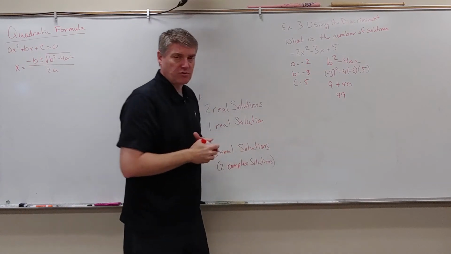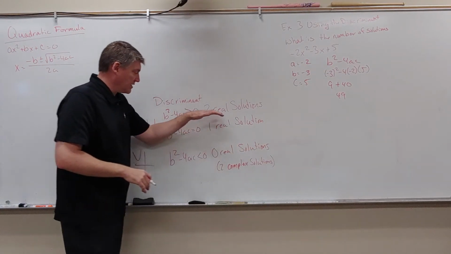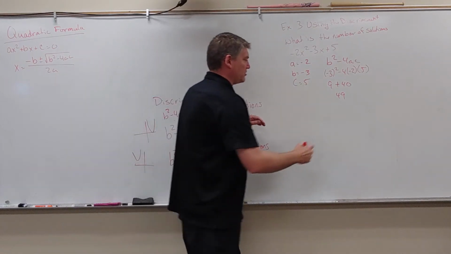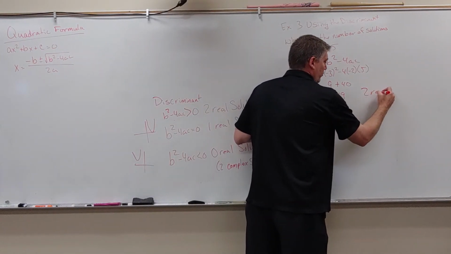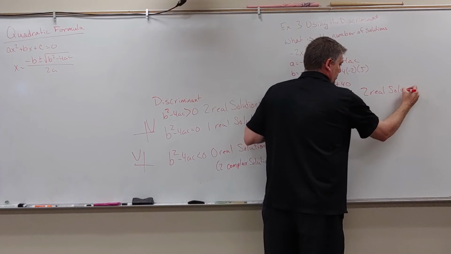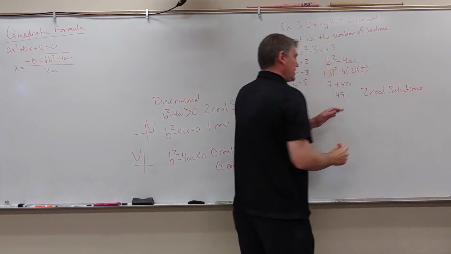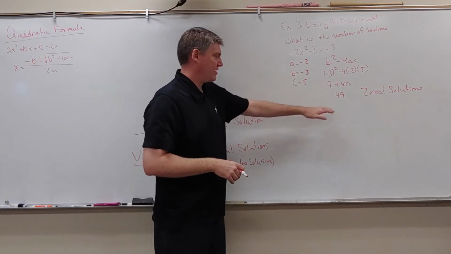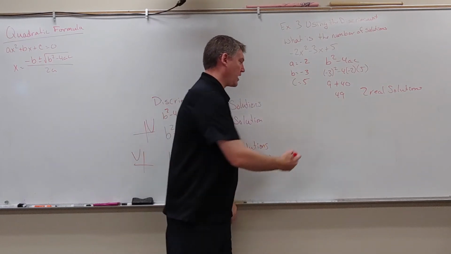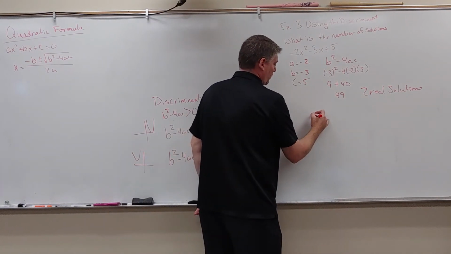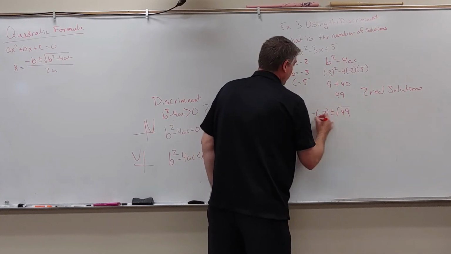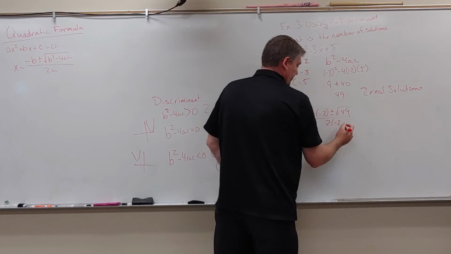How many solutions do I have now? It's a positive number, so it's a number greater than 0. So I have 2 real solutions. Now the nice thing is once I find the discriminant and I know how many solutions I have, I can just plug this in. I now know that it's negative 3 plus or minus the square root of 49 all over 2 times negative 2.